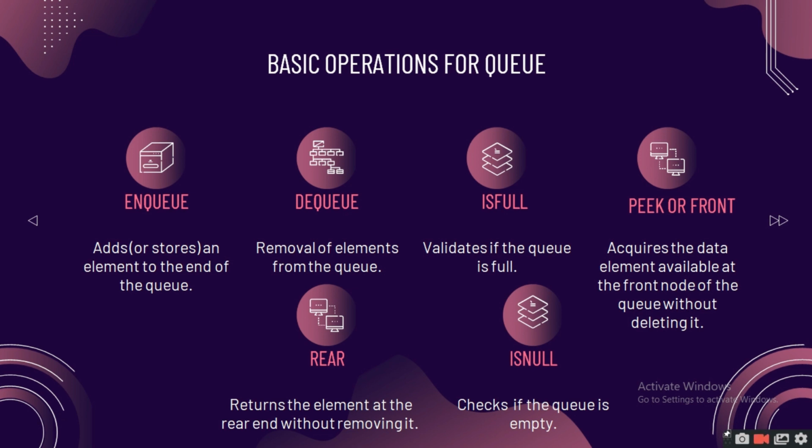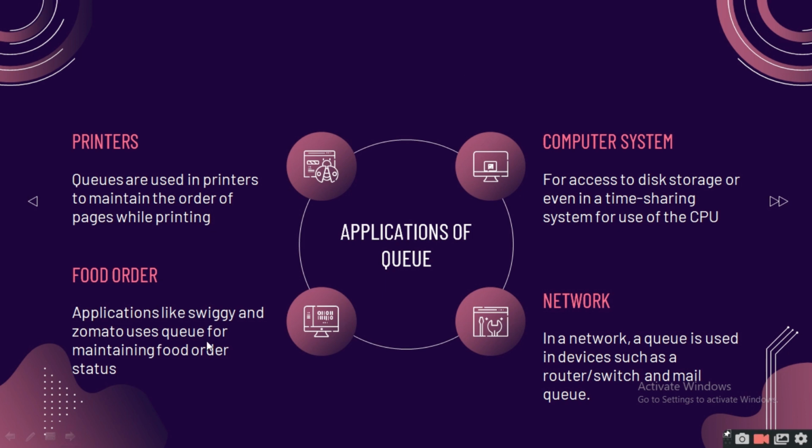So next are some of the applications of queues. Queues are actually used in real time applications. For example, let us take social media like WhatsApp, Instagram, or anything. Have you ever imagined how these messages are received on the receiver's end in the same order that we have sent them?